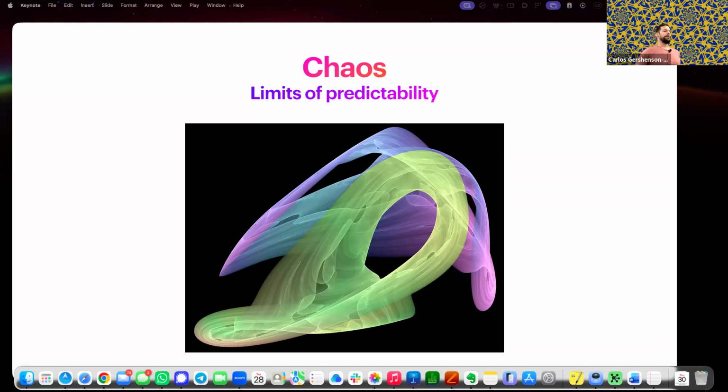Also, we should remember that chaos is different from complexity. Sometimes we can have chaos, which is sensitivity to initial conditions, sometimes only complexity but not chaos, or we can have both or just one.